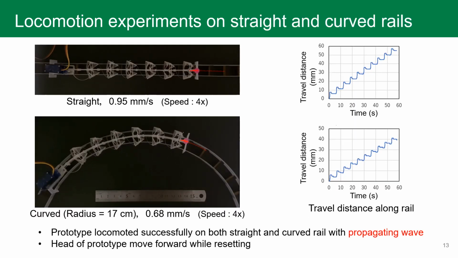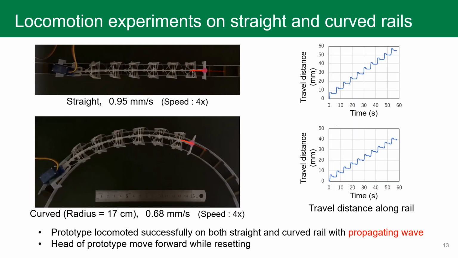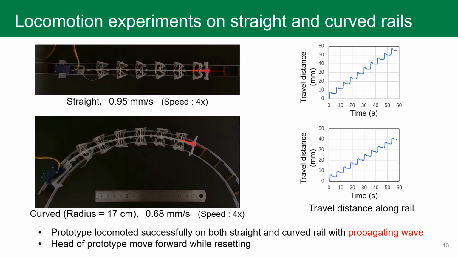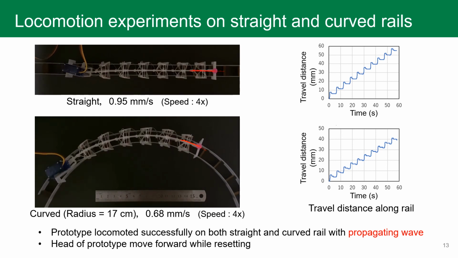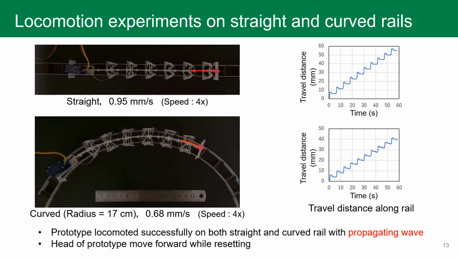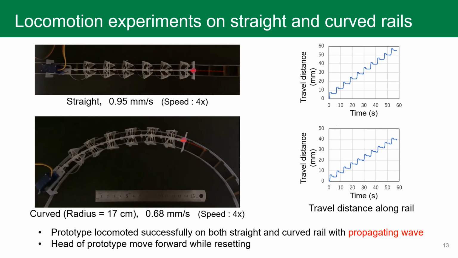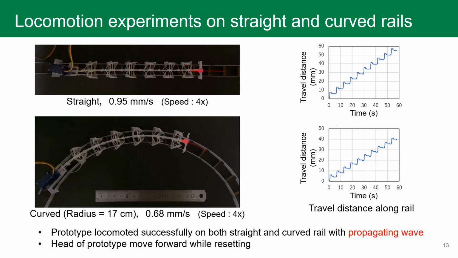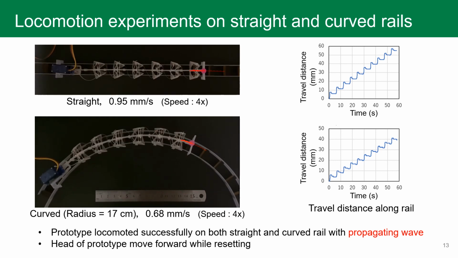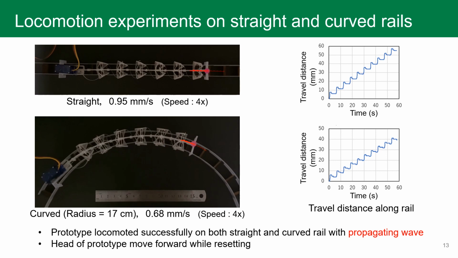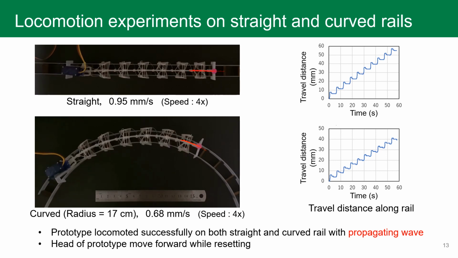Now, let me show you the locomotion experiment. These are videos and graphs of locomotion experiments on straight rail and curved rail. The horizontal axis of the graph shows the time and the vertical axis shows the distance traveled along the rails.